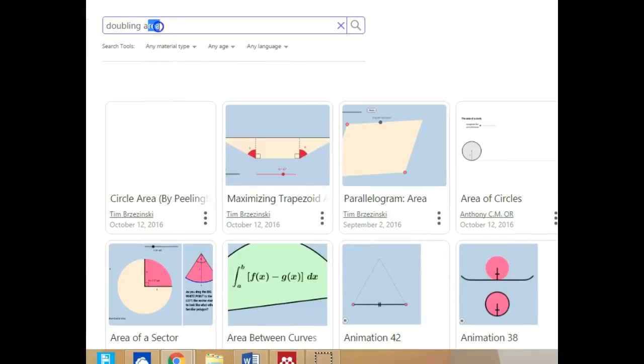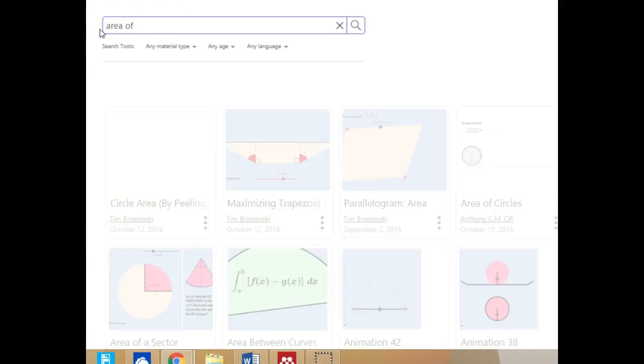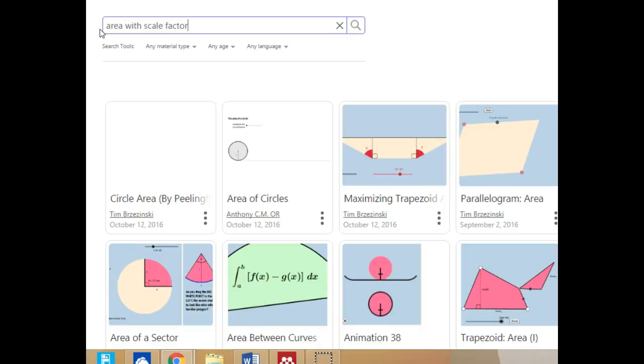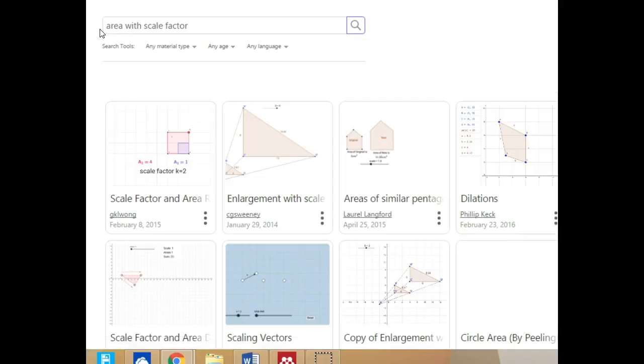So the only one that I found for kind of experimenting with area and scale factor was this one.